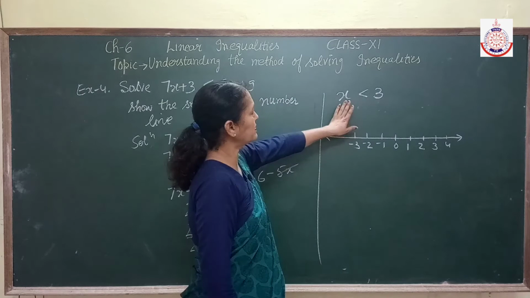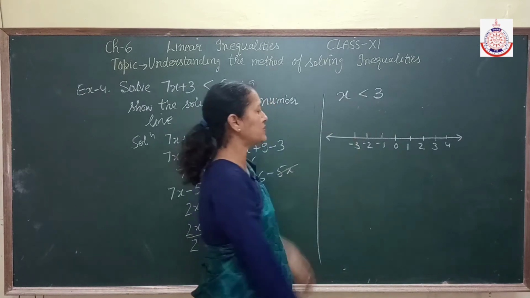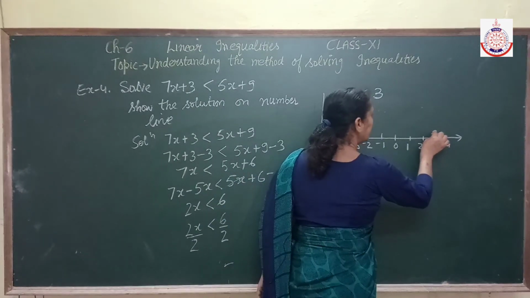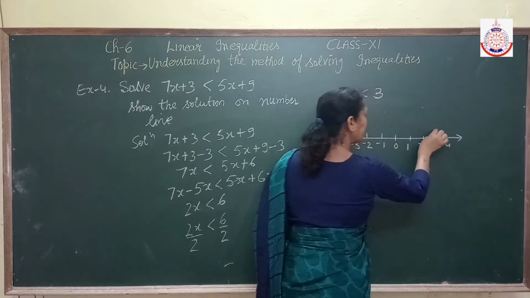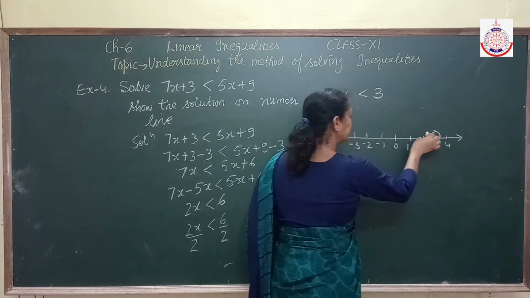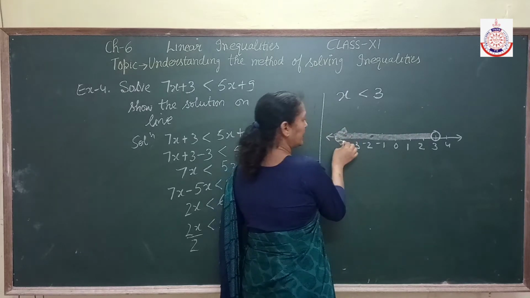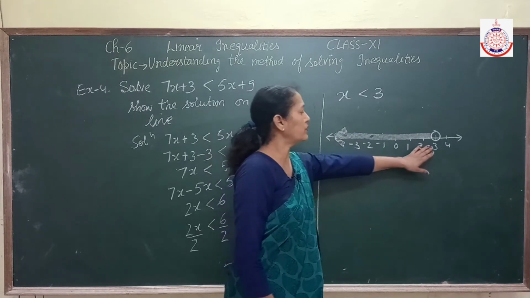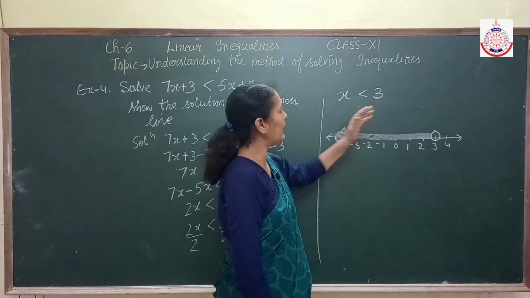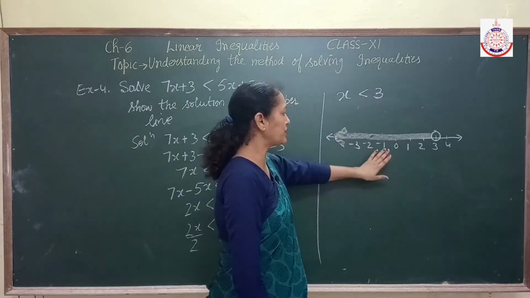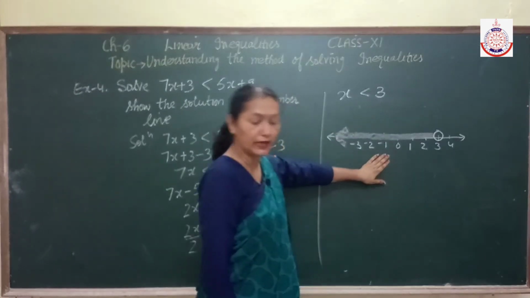Now numbers strictly less than 3 means 3 is not to be included, means open circle will be there, and then all the terms to this side. So all the numbers on left hand side of 3 are less than 3. So this is the solution on number line.